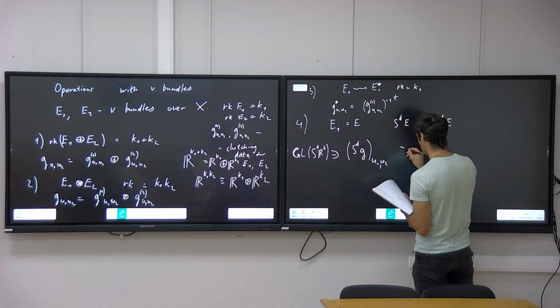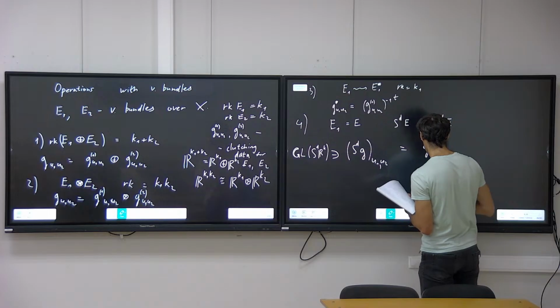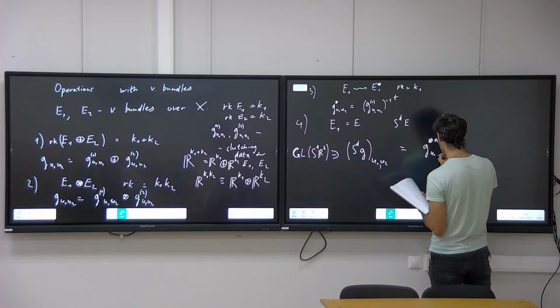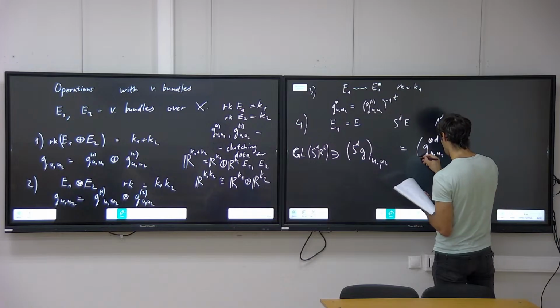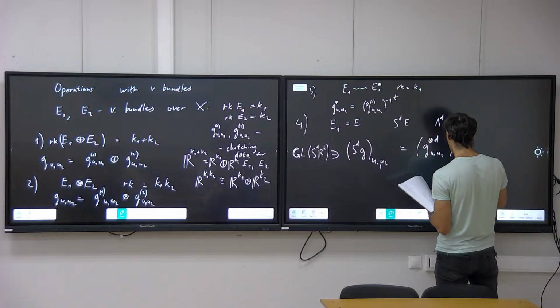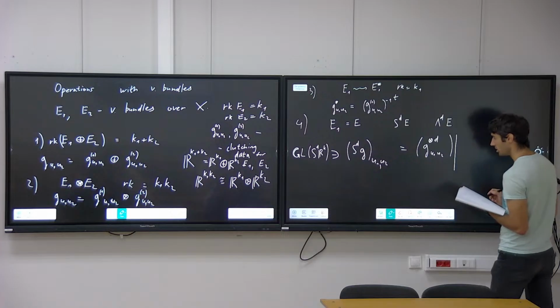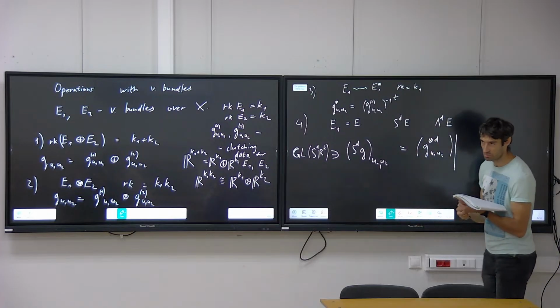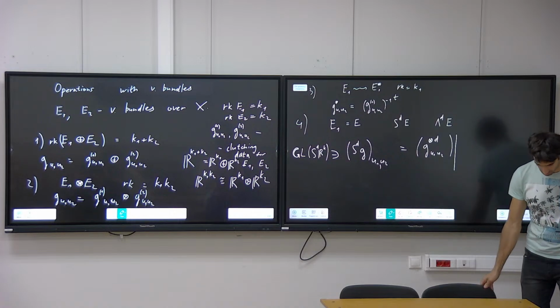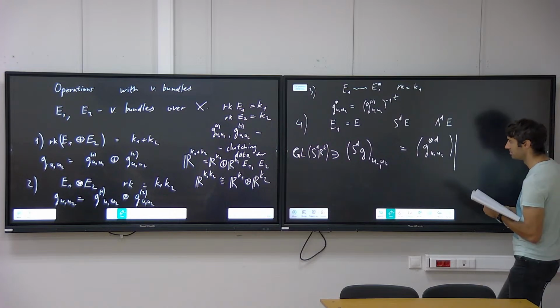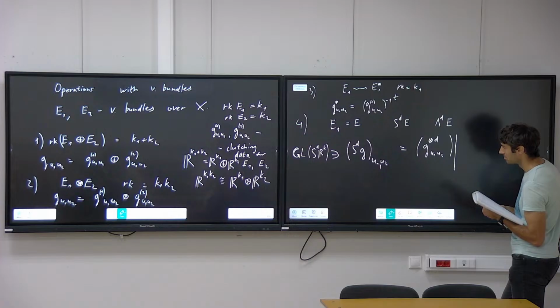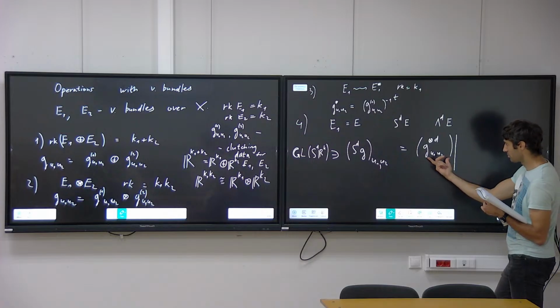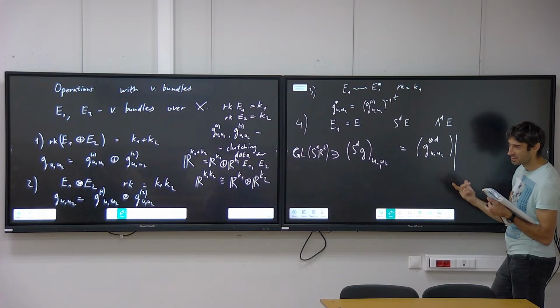And so I just take the tensor power D of g U1 U2, and it happens that this can be restricted to here, because this formula is symmetric, right?